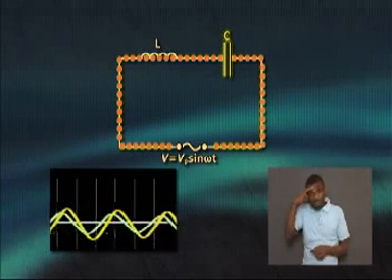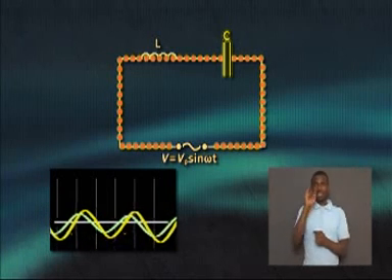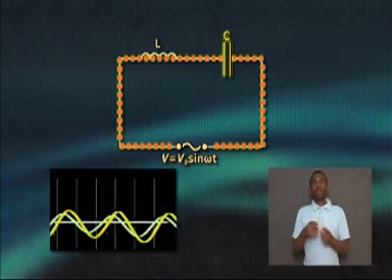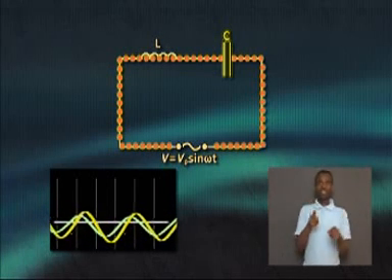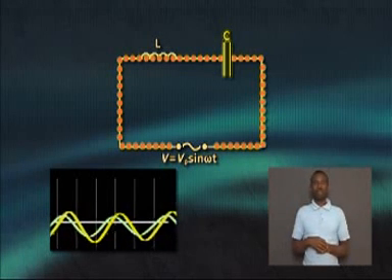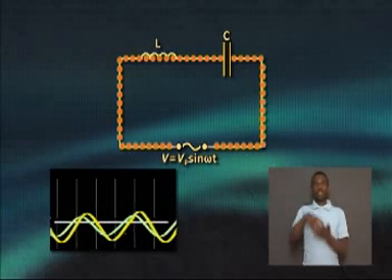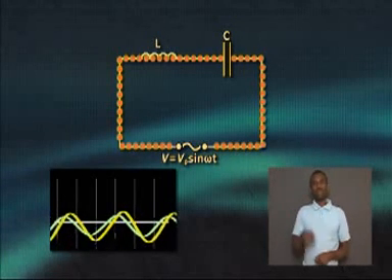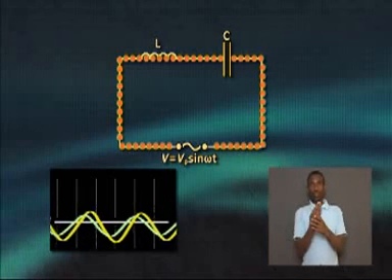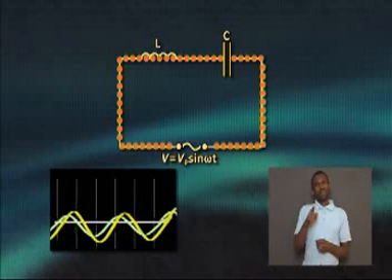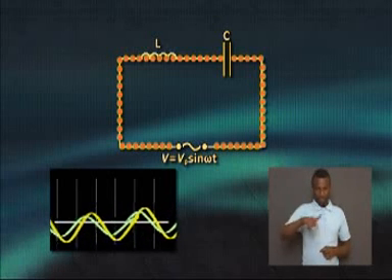Because of the change in polarity, the current begins flowing back in the other direction, and the cycle restarts. As long as the circuit retains power from the source, it will continue to oscillate back and forth.